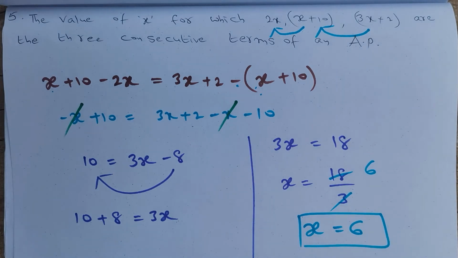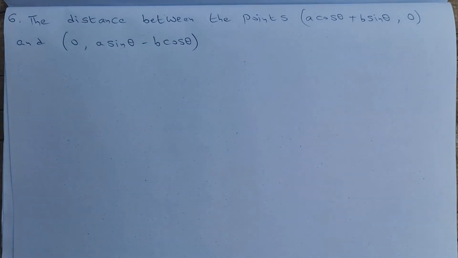Okay, now let's have a look at question number 6. The distance between the points (a cos theta plus b sin theta, 0) and (0, a sin theta minus b cos theta). So he is asking about distance.